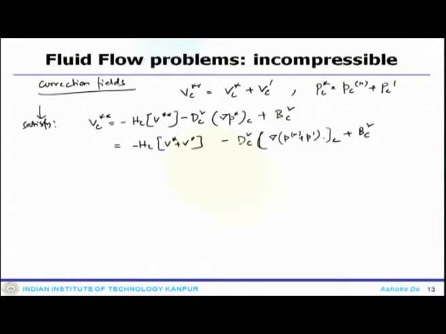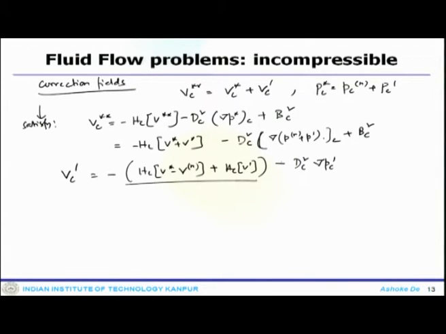Now, this will lead to the expression relating the pressure and velocity field, like Vc prime equals to minus Hc V star minus Vn plus Hc V prime minus Dcv delta Pc prime.